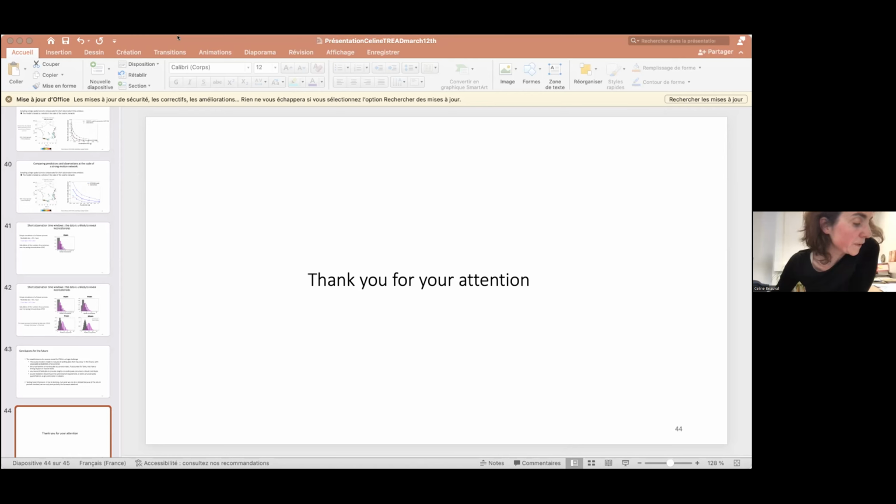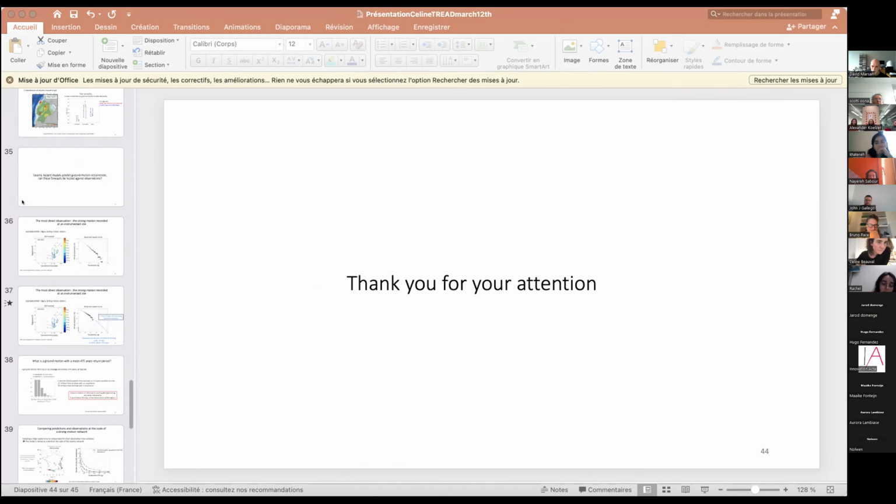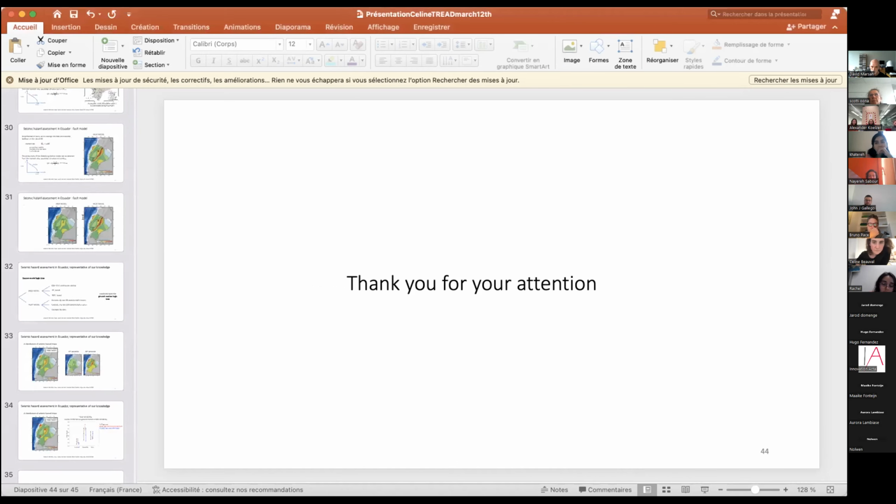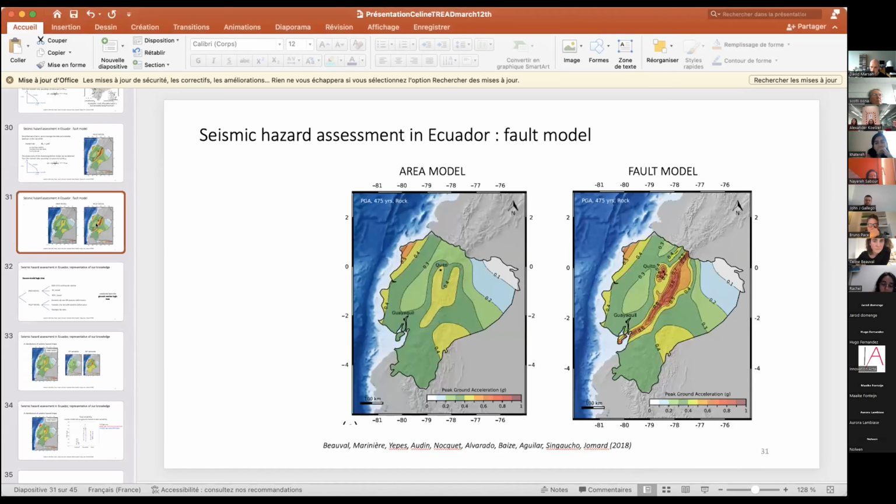On the maps that you showed, it seemed to me that the risk was much higher than the hazard. You see, 0.4 is already quite high. But it changes a lot for the sites which are along this fault segment.